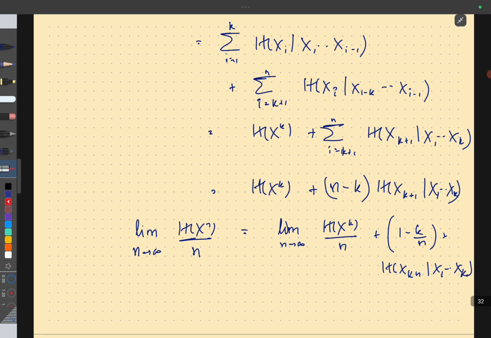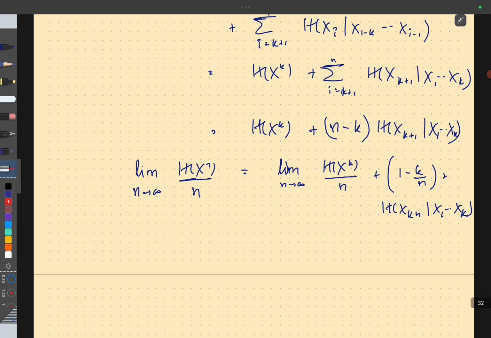So as n tends to infinity, this quantity goes to 0 and this quantity goes to 1. So all that remains is just H of x_{k+1} given x1 through xk.